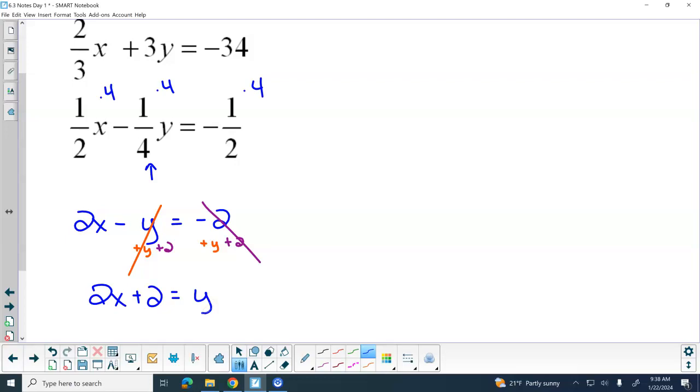Now, back here, we'll still get the same answer no matter what variable we solve for. You know what I mean? It just might be a little more fractional type work as we go through it.